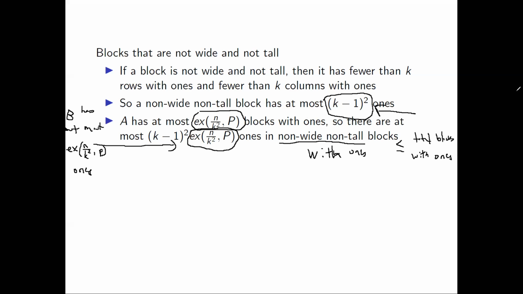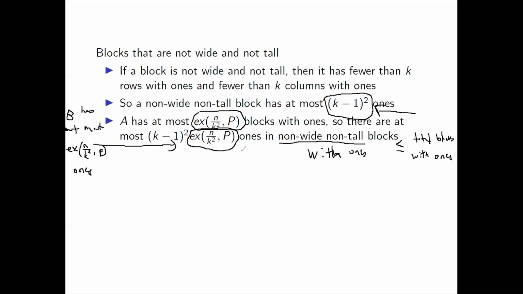So in order to get an upper bound on the ones that are in non-wide and non-tall blocks, we can just take that k minus 1 squared for the blocks being non-wide, non-tall, and then multiply by the number of blocks that we use. Instead of taking the number of non-wide, non-tall blocks, we can just take the number of total blocks with any ones.